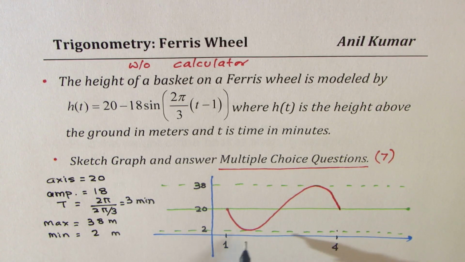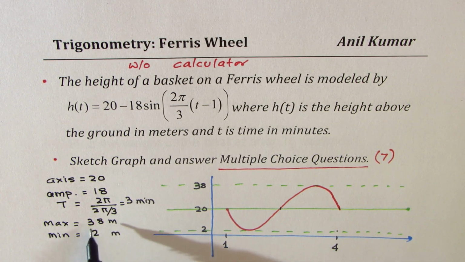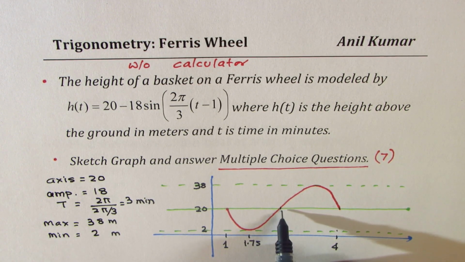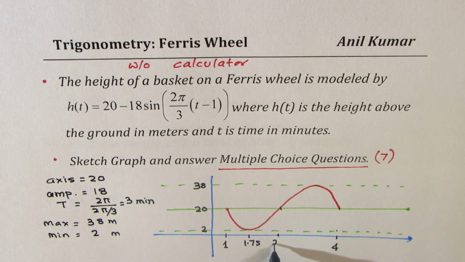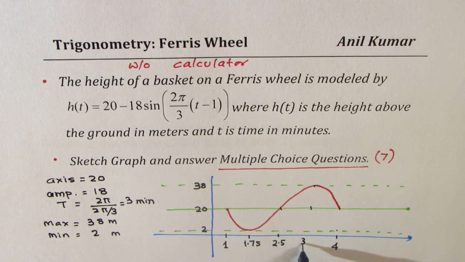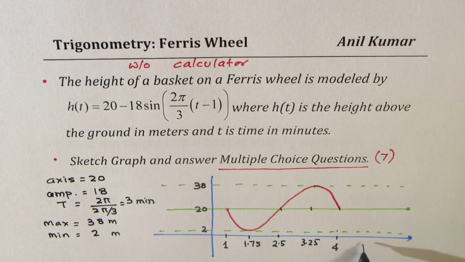Each quarter is 3 divided by 4, which is 0.75. So this could be 1.75, this is 2.5, and then that is 3.25, 0.75 less than 4.